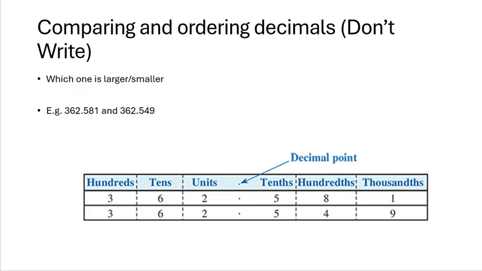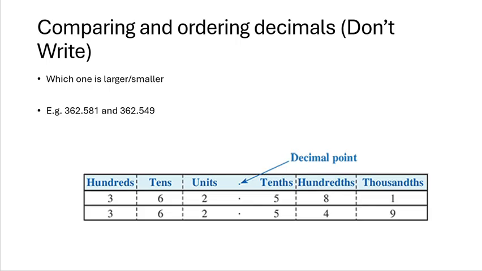Now, you just got to know which one is bigger or which one's smaller sometimes, especially when the numbers look pretty similar. As you can see in my example here, I've got both 362.581 and 362.549 written out.